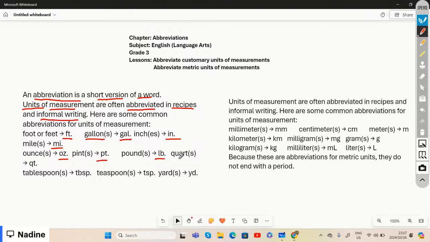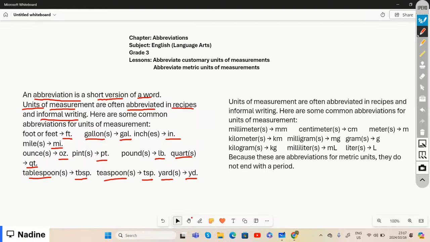And then quarts, it's QT. Tablespoons is TBSP, period. Teaspoons is TSP. And then yard is YD.